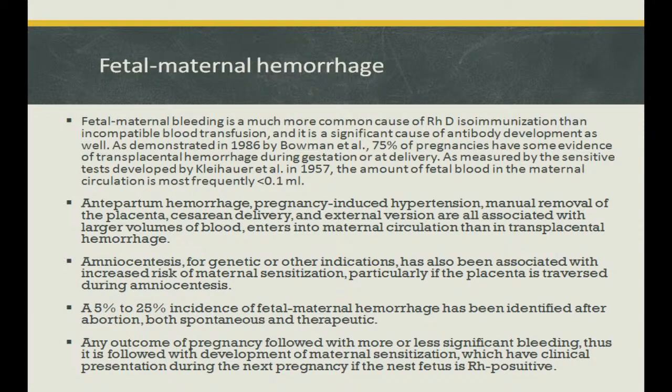Antepartum hemorrhage, because of preterm labor, because of placenta previa, because of vasa previa, because of placental abruption, because of some diagnostic procedures, for example, chorionic villus sampling, as well as pregnancy-induced hypertension and preeclampsia superimposed on chronic extragenital hypertension.